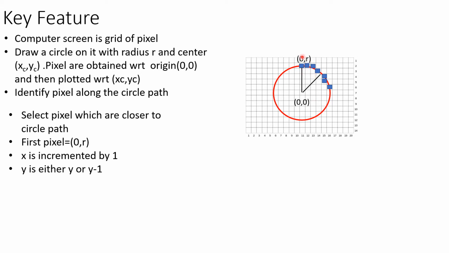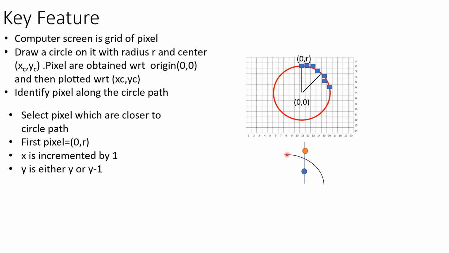As visible in the diagram, since the first pixel is 0, r, when we move along the circumference of the circle in this direction, the value of y will reduce gradually by 1. However, the value of x will always be incremented by 1. So x is incremented by 1 and the decision is taken on the y value, whether it will be y or y minus 1.